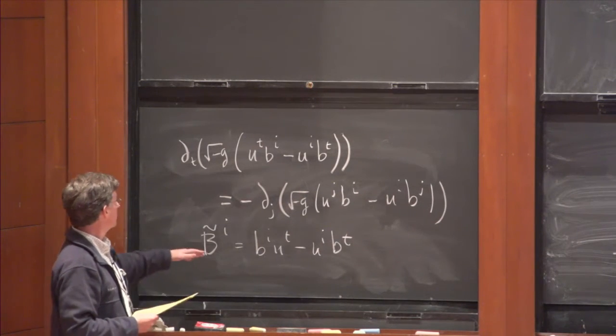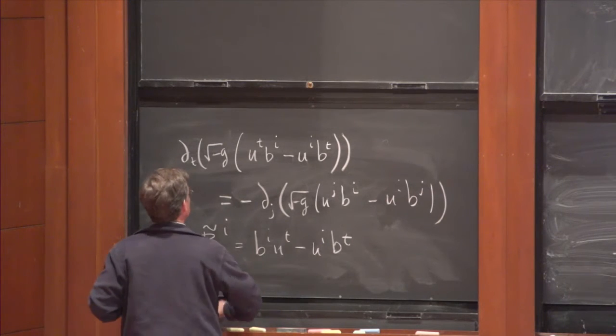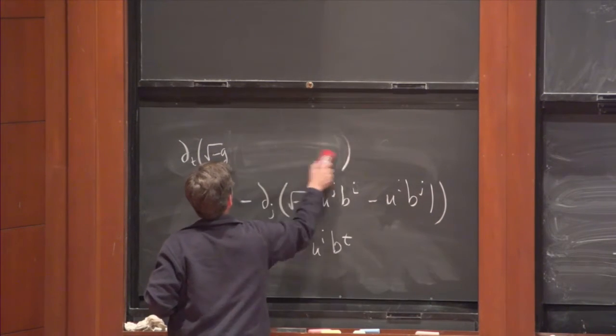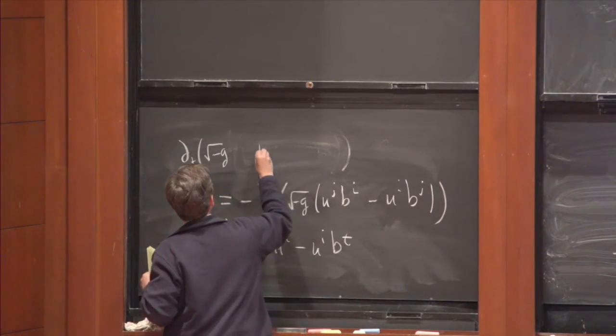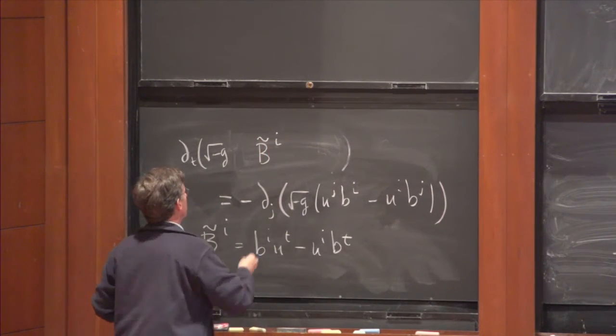And so then we substitute that in here to obtain an evolution equation for b tilde.